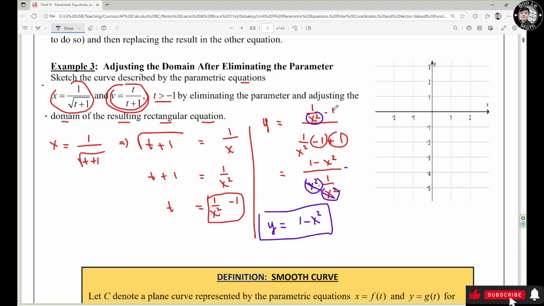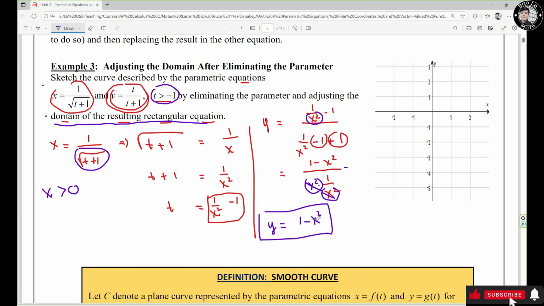Now we need to adjust the domain of the resulting rectangular equation, which means we have t greater than negative 1. Does that mean this guy is always greater than 0? Then x right here must be greater than 0. So this one is a quadratic function.